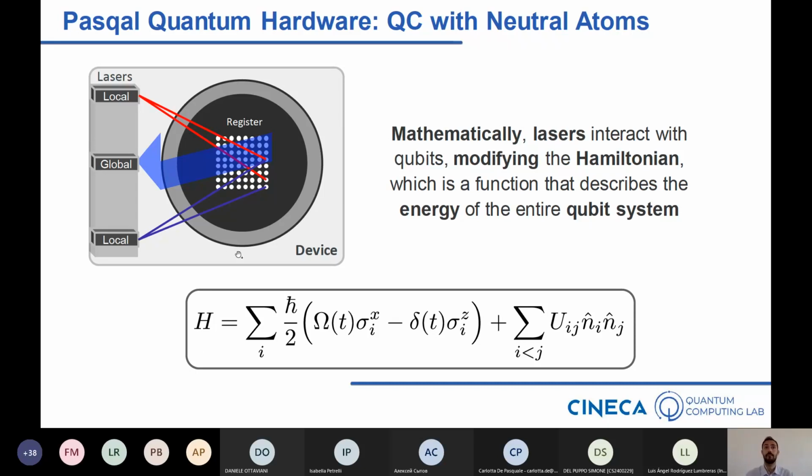If you can see here, we have different terms. These terms depend on different parameters: omega, delta, and u. And these three parameters depend on how the laser that interacts with the qubit register is set up.